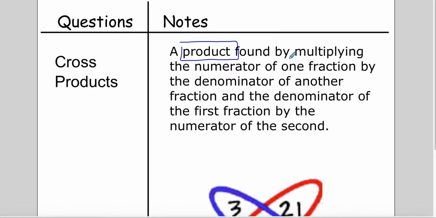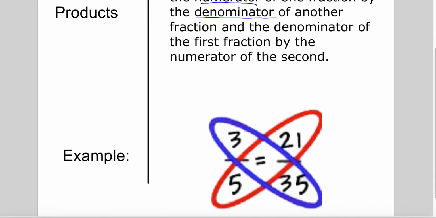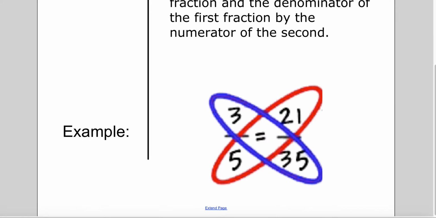A cross product is a product found by multiplying the numerator of one fraction by the denominator of another, and then vice versa. So in this case, we have this little example, looks similar to a little atom diagram, but what I would do is multiply these two numbers together.